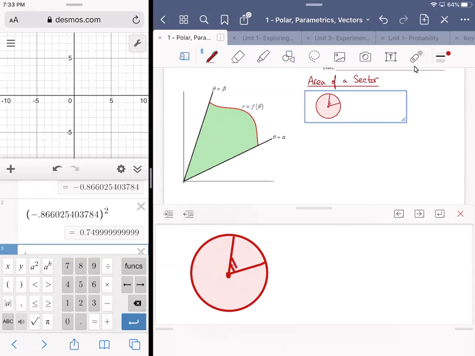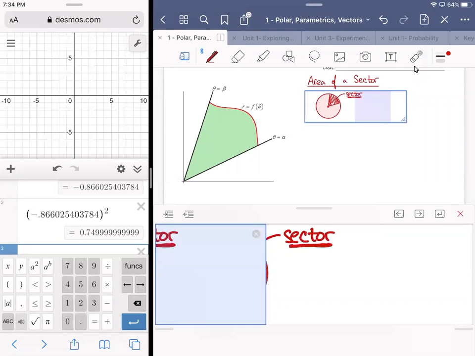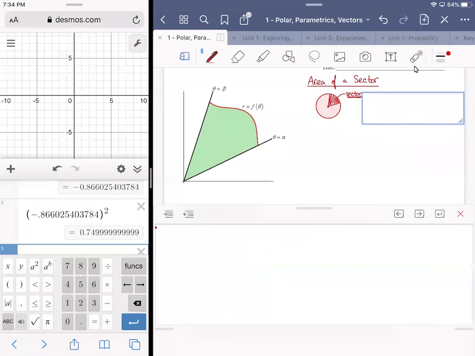What I'd be looking at, or at least the part that I'm shading here, that would be the sector. All right. So it's a slice of pizza. That's all. You know, not Sicilian, of course, but still a delightful slice.